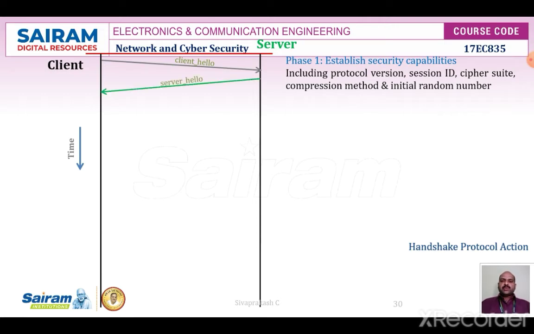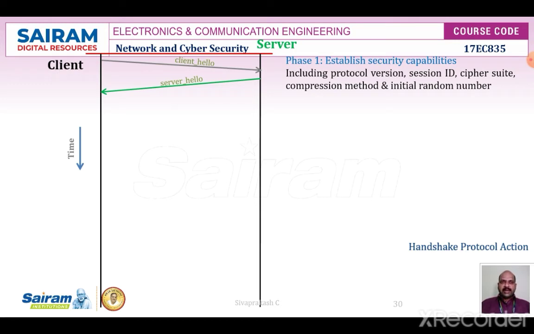Okay, next one, server hello. During this time, what happens actually? After sending the client hello message, the client waits for the server hello message, which contains the same parameters as the client hello message. For the server hello message, the version field contains the lower of the version suggested by the client and the highest supported by the server.